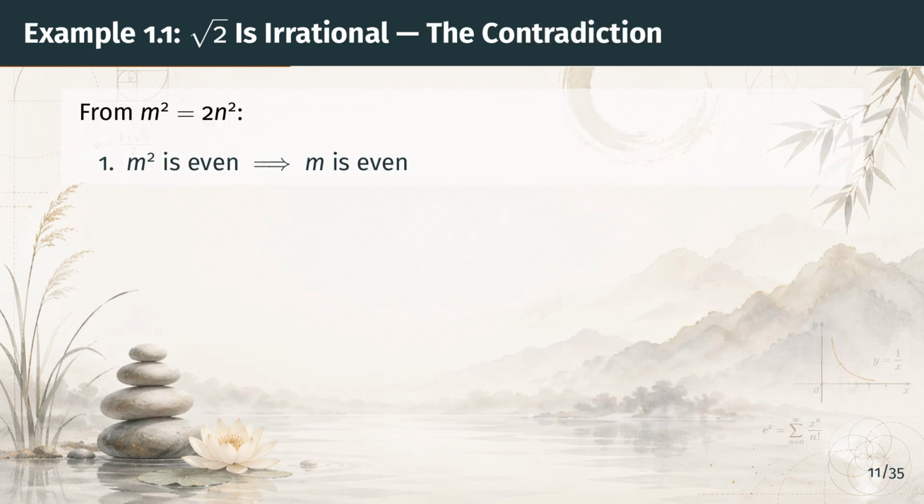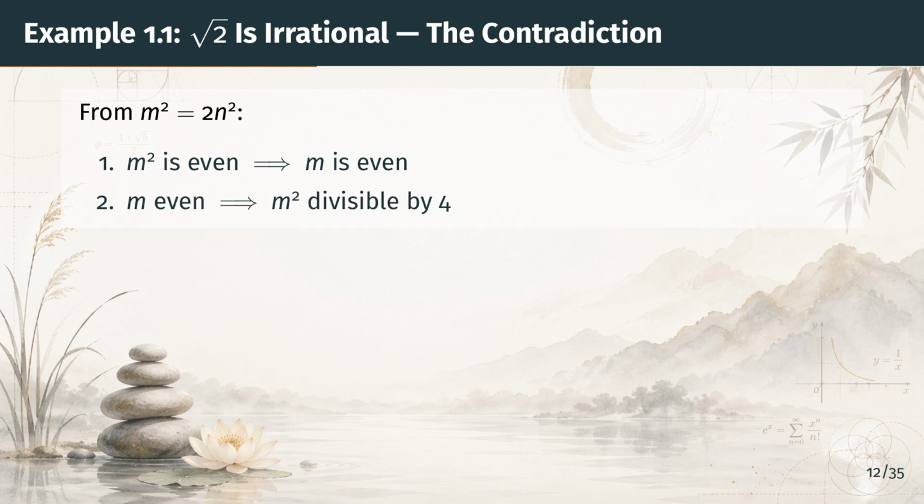Now we chase the consequences of equation 2. Since m squared equals 2n squared, we see that m squared is even. But if m were odd, then m squared would also be odd. So m must be even. Let's see what this tells us about m squared.